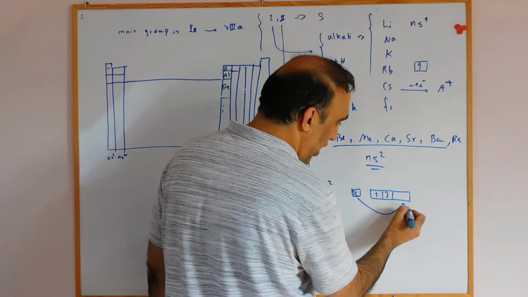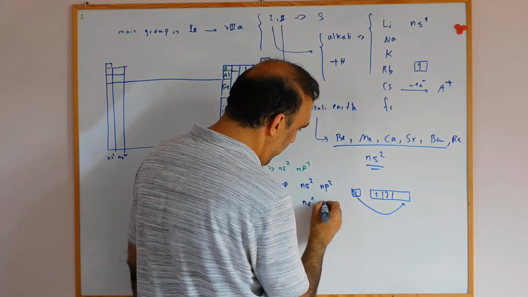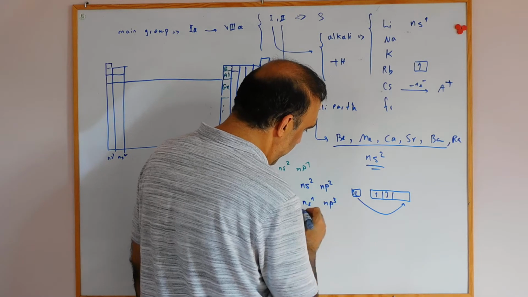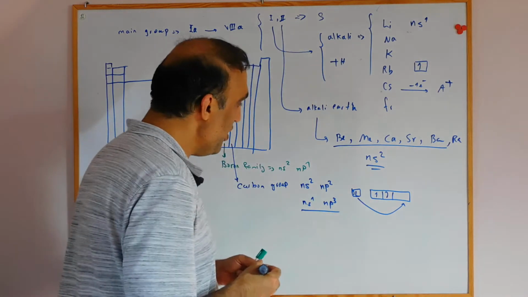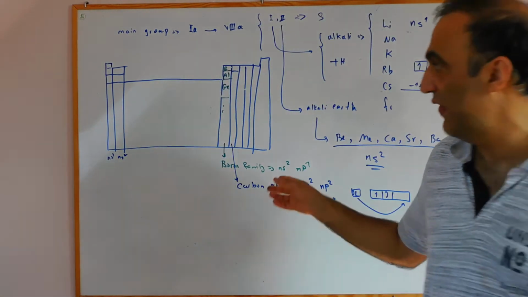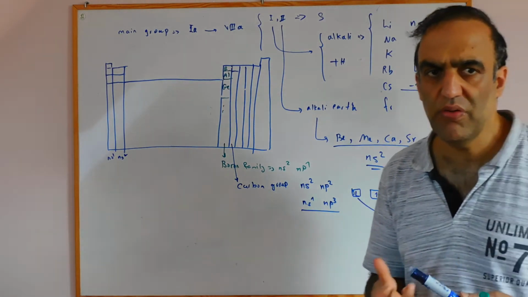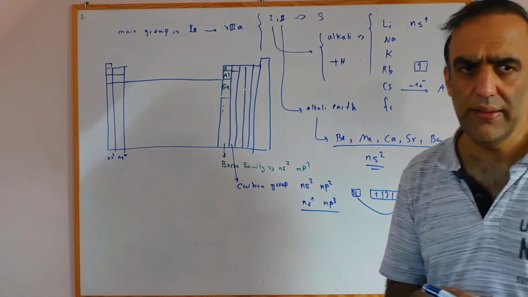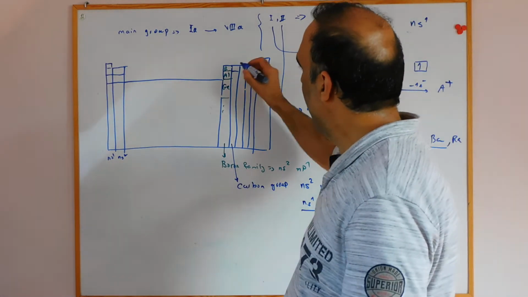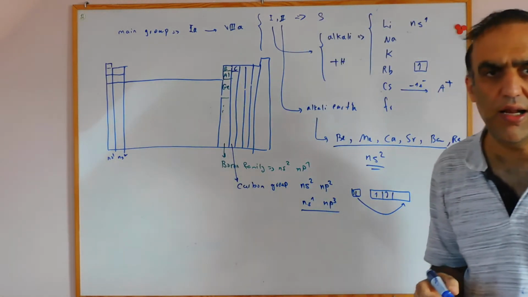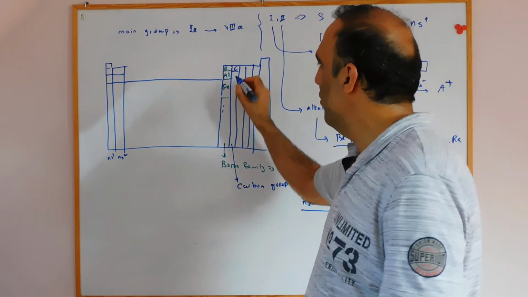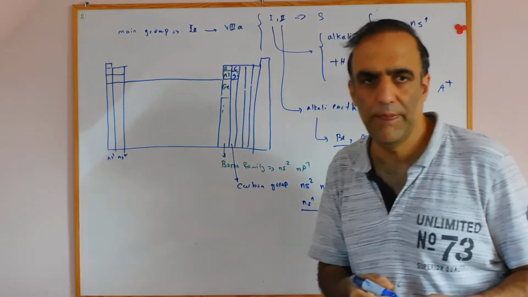One electron can jump and become ns1 np3. It can be hybridization, which we will study later. In the carbon group we have carbon, silicon and other elements.